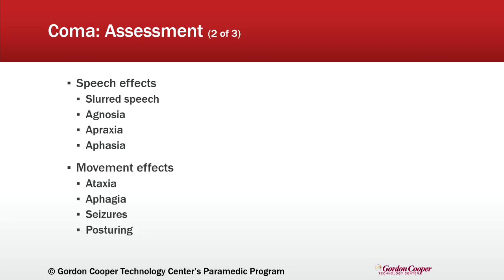And then the things that affect their movement, such as lack of coordination or unsteady movement that we see with ataxia, difficulty swallowing, which is dysphagia, and then seizures and maybe even posturing, can indicate severe neurological impairments. All the way up to the point where someone is completely unresponsive and doesn't respond to any stimuli, indicating that they're at a critical level of diminished level of consciousness.